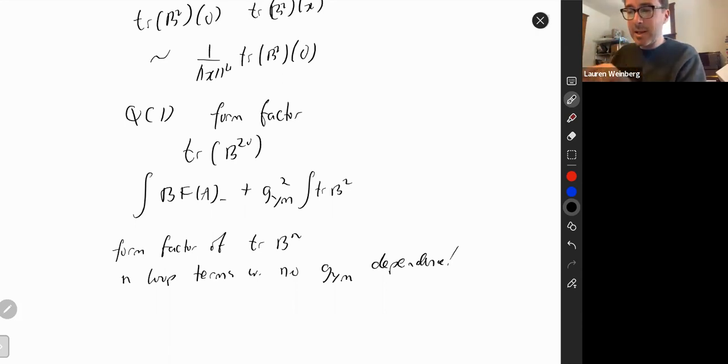Right, so that's slightly counterintuitive. The issue is that when I pass from the first order to the second order formulation, I multiply b by 1 over g Yang-Mills, or by some power of g Yang-Mills.